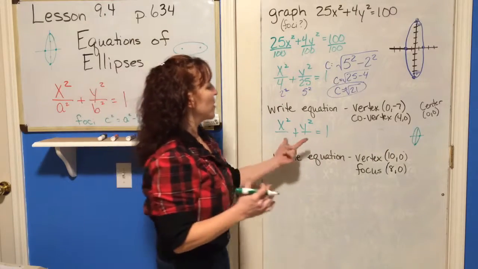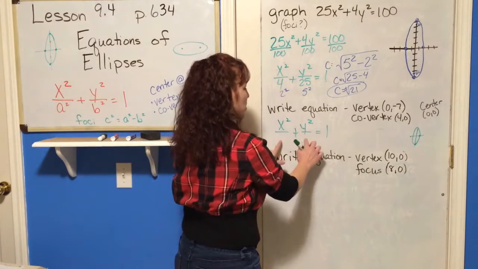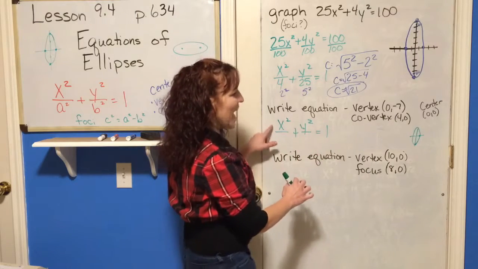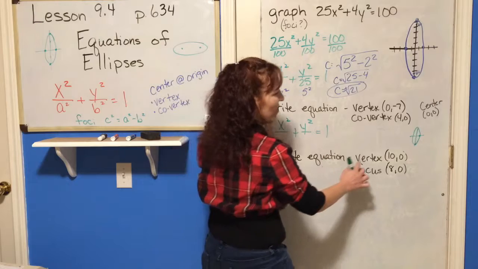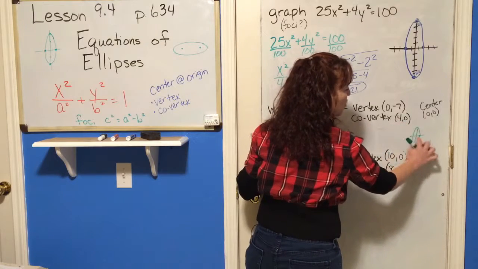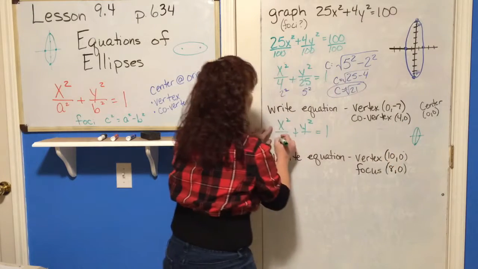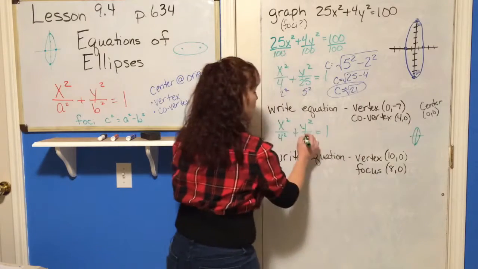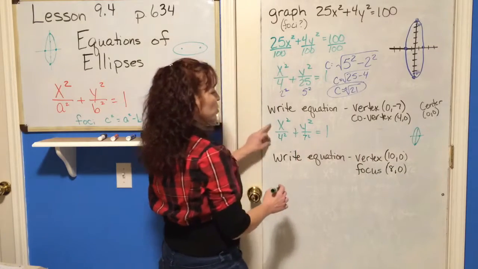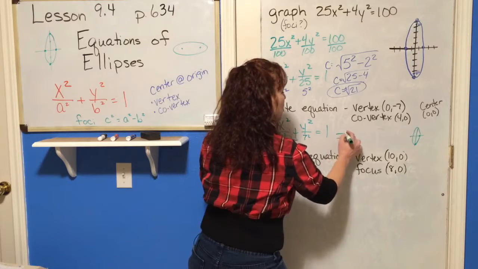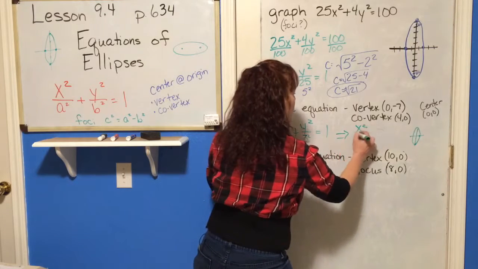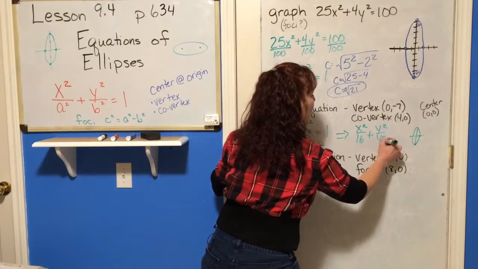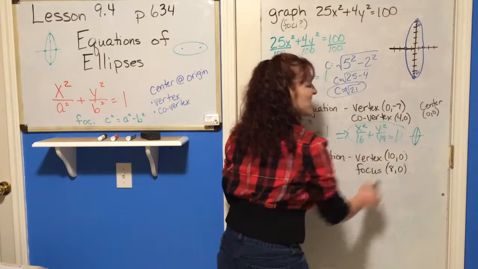We've got to figure out how far away we are from the center. So the x distance we found out was 4, so this is just going to be 4 squared. The y distance is 7, so this is going to be 7 squared. So your final answer is x squared over 16 plus y squared over 49 equals 1.